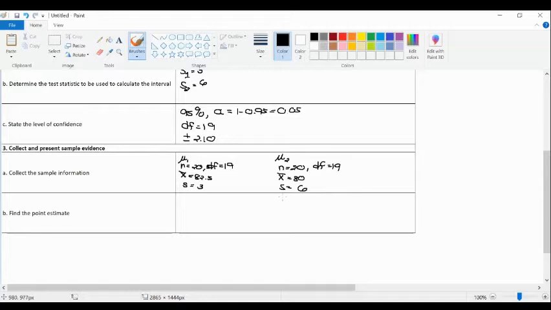Lastly, we're going to find the point estimate. The point estimates for the population means are the sample means. So the point estimate for your experimental group is 82.5 and the point estimate for your control group is 80. Next, we're going to find the 95% confidence interval.